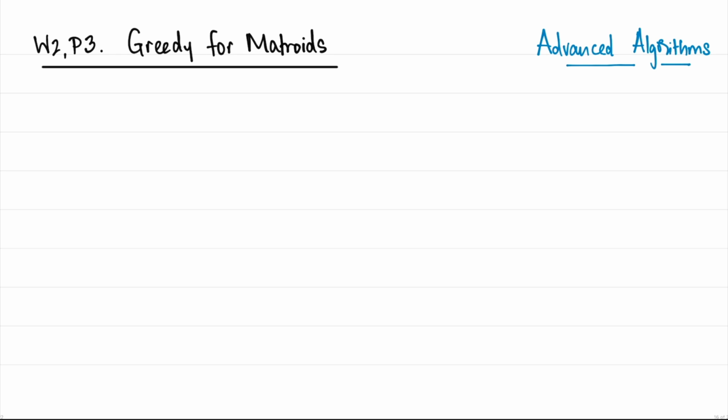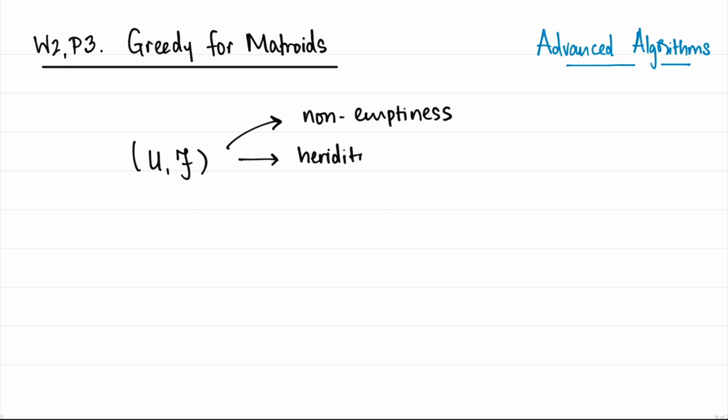So recall that a matroid is a family over a universe U which satisfies these three properties: non-emptiness, heredity, and the exchange property.